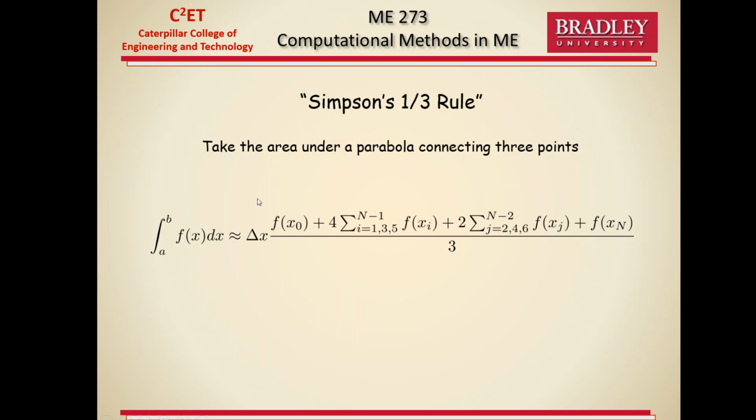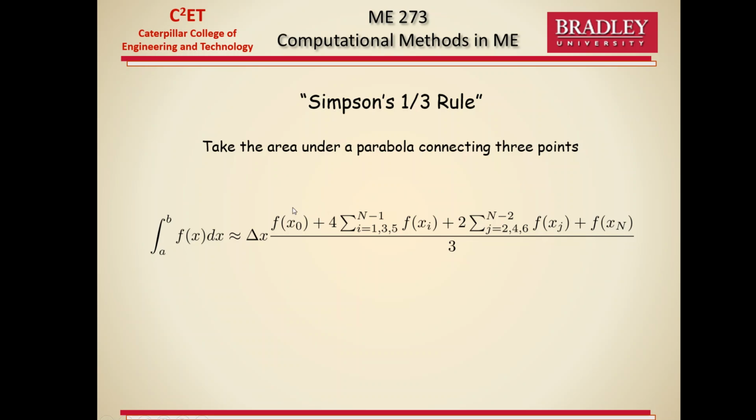It may or may not be obvious why these 2 summations occur, but this is what happens for odd number indexes: you have a factor of 4 multiplying the summation of the function. For even number indexes, you have a factor of 2. This is just how it works out mathematically.